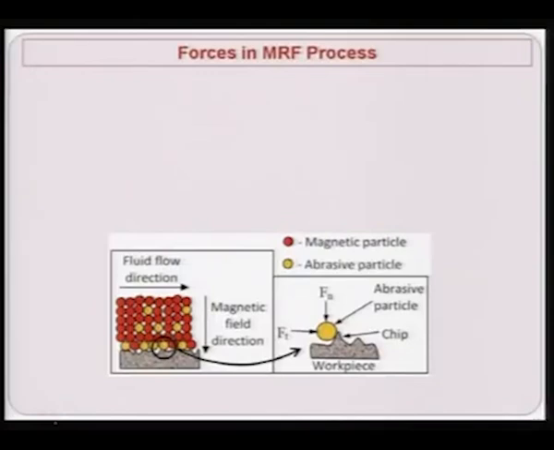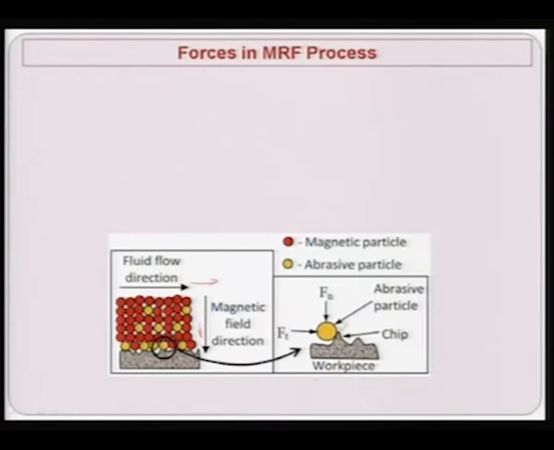How the forces are acting, as you can see over here, the fluid flow direction is shown in this particular direction, and the magnetic field direction is in this particular direction. Now, as I mentioned earlier, two types of forces are acting on the abrasive particle, that is the yellow color here. One is the normal force and another is the tangential or axial force. Now, this is the peak of the workpiece surface.